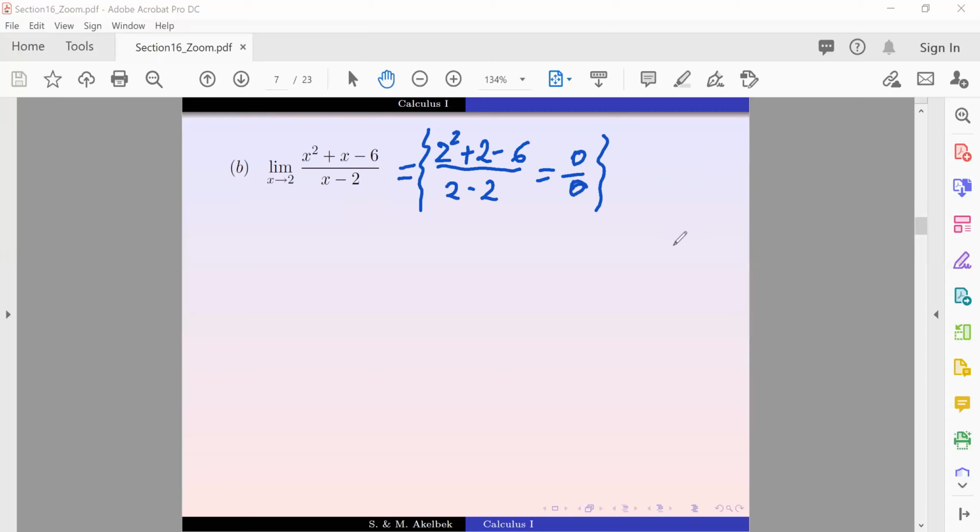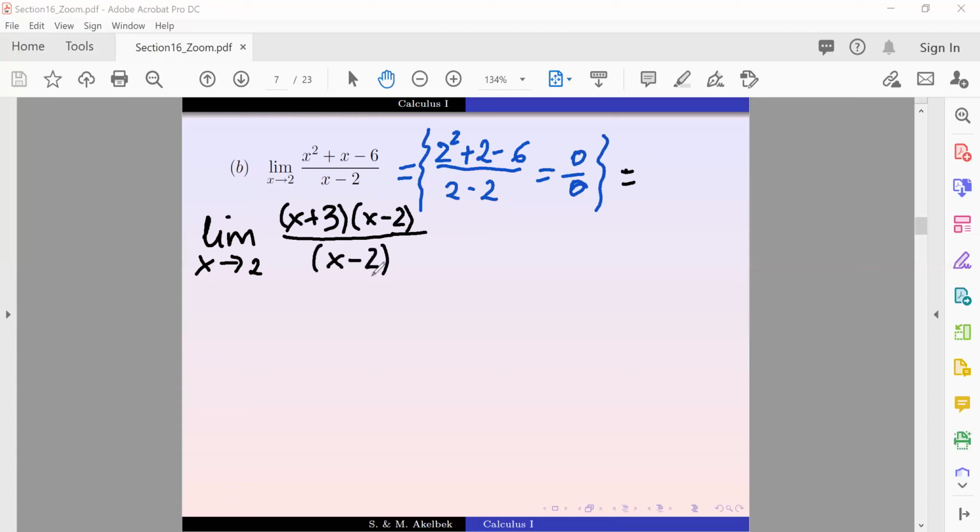So in that case, we will factor this. So we have the limit as x goes to 2. How can we factor the top? x plus 3, x minus 2. Perfect. x plus 3, x minus 2, quadratic factorization, right? On the bottom, we keep x minus 2.